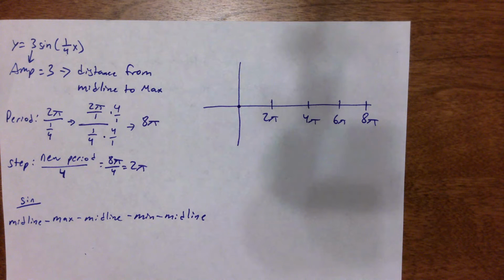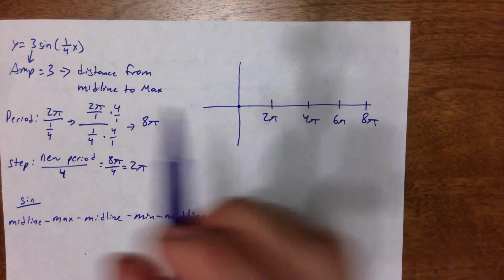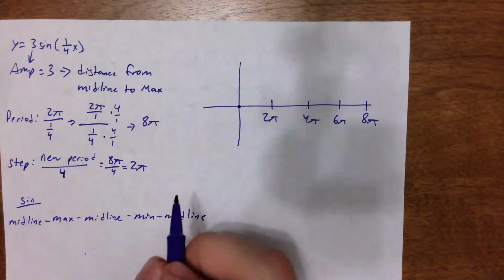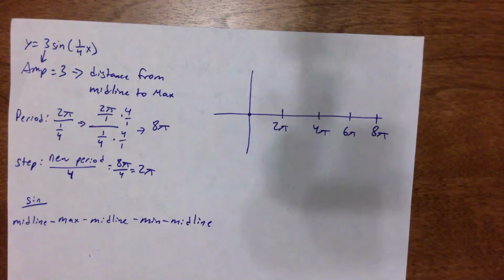From there, I need to deal with my amplitude. So I know the distance from my midline. In this case, my midline is going to be at y equals 0.